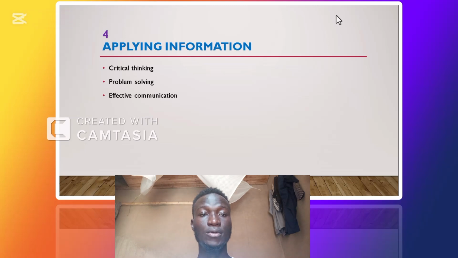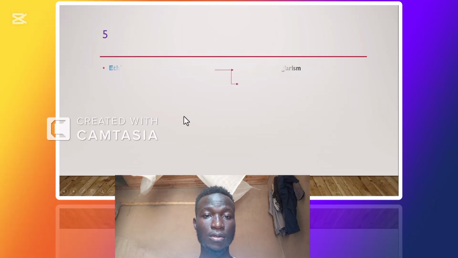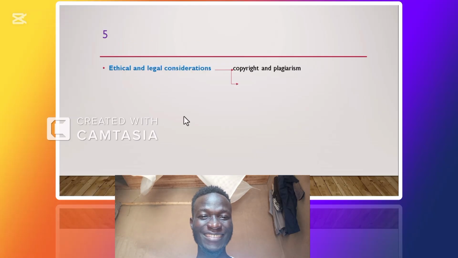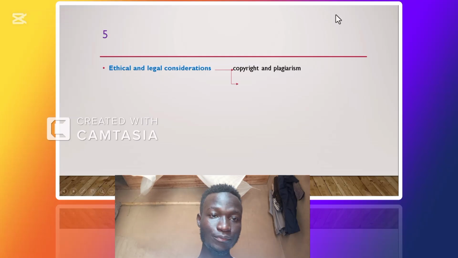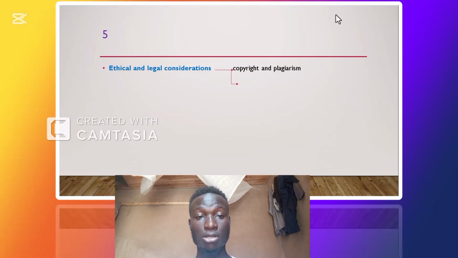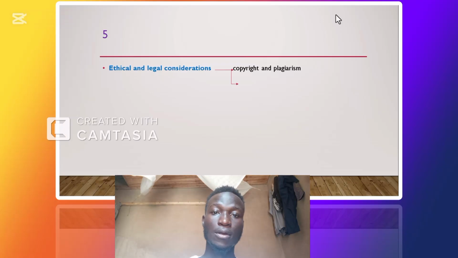What are we supposed to look at next? So we are going to proceed to the fifth one, that is ethical and legal consideration. This one is just to avoid plagiarism, because you need to acknowledge the person that you've got the information from.